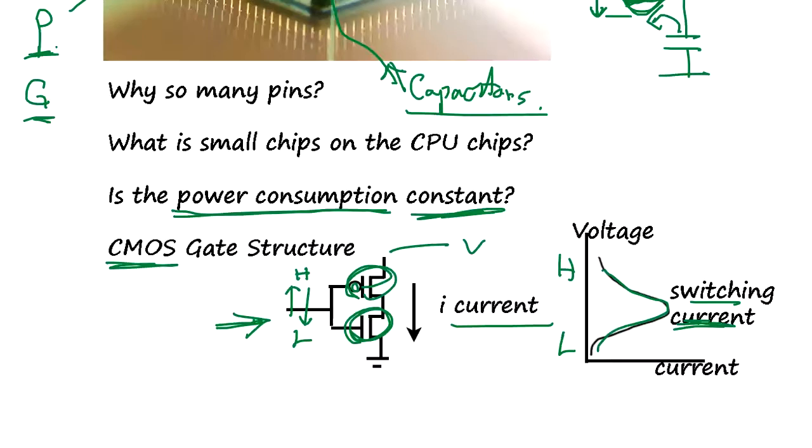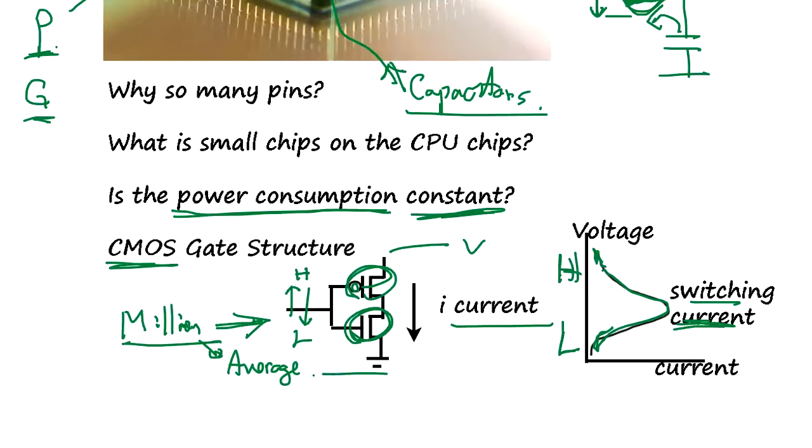When the CPU is doing nothing, it's idling, then power consumption is very low because a CMOS gate doesn't consume any power, almost zero power. And you have millions of those gates.